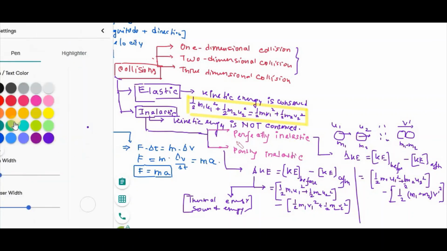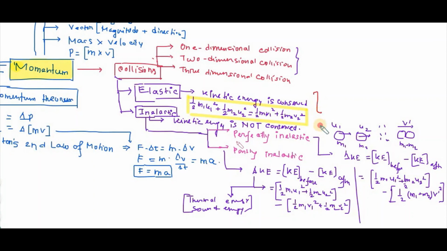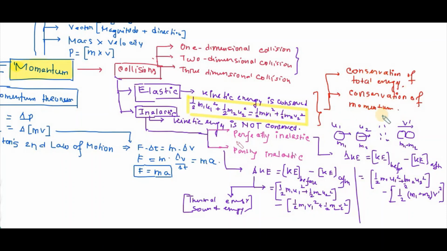Note that in the case of elastic and inelastic collisions, in both cases we can apply the conservation of momentum, and in both cases we can also apply the conservation of total energy.